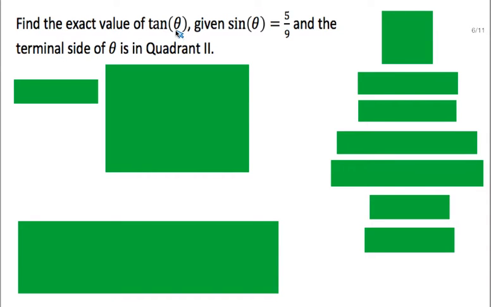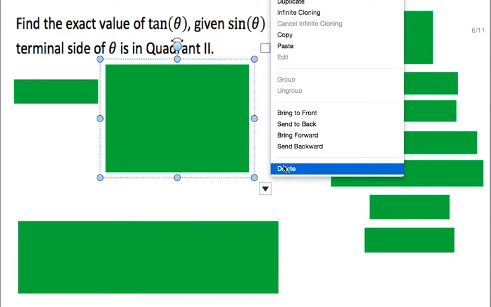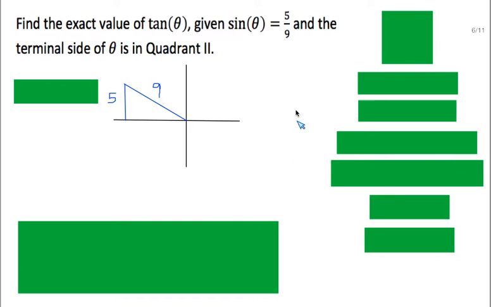Find the exact value of tangent theta, given that sine theta is 5 over 9, and the terminal side of theta is in quadrant 2. Okay, so with this one, it will help if you draw a diagram of the situation. Okay, so if I have the ratio 5 over 9, remember that sine theta is your y value divided by your r value.